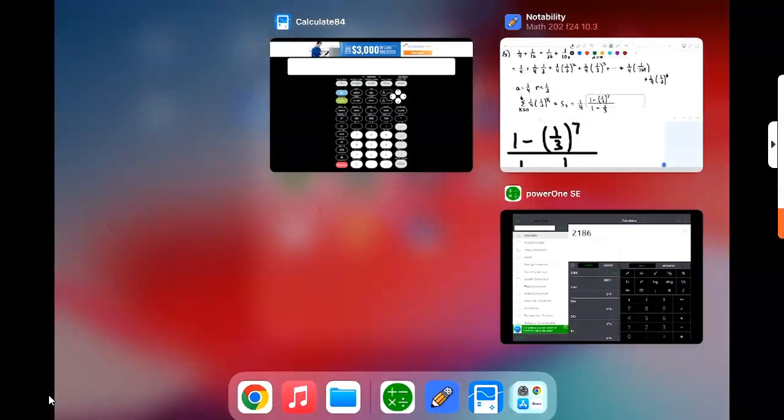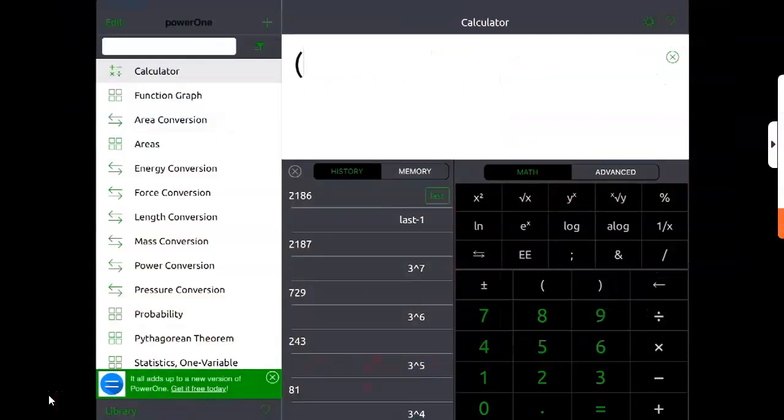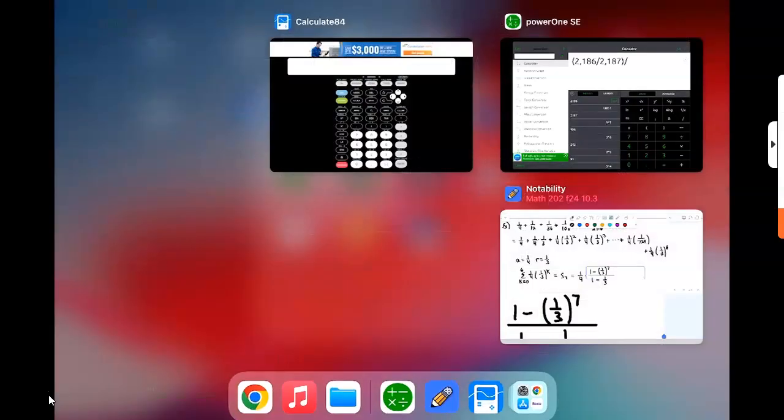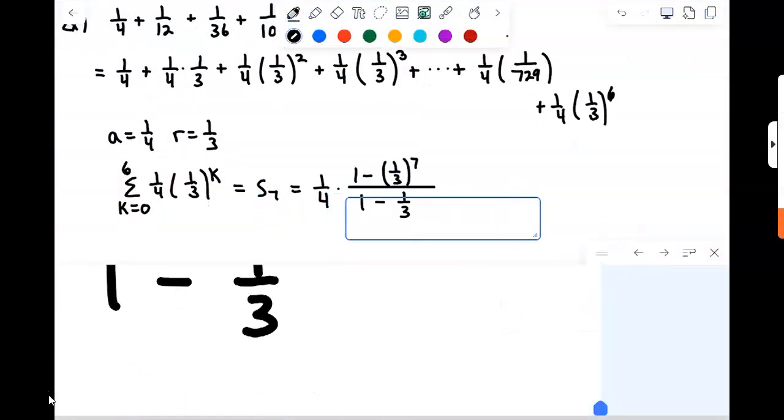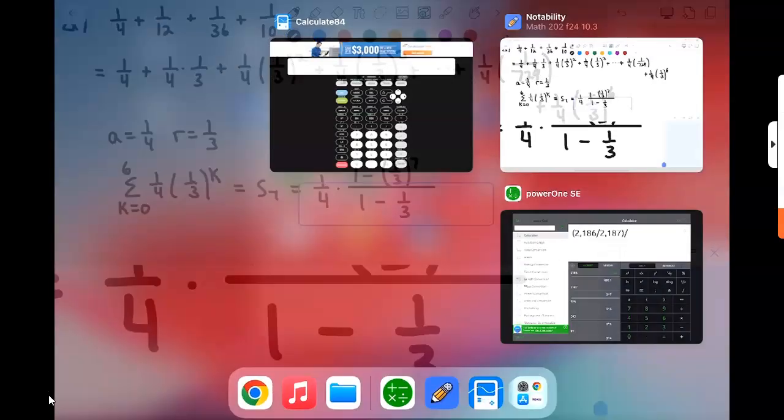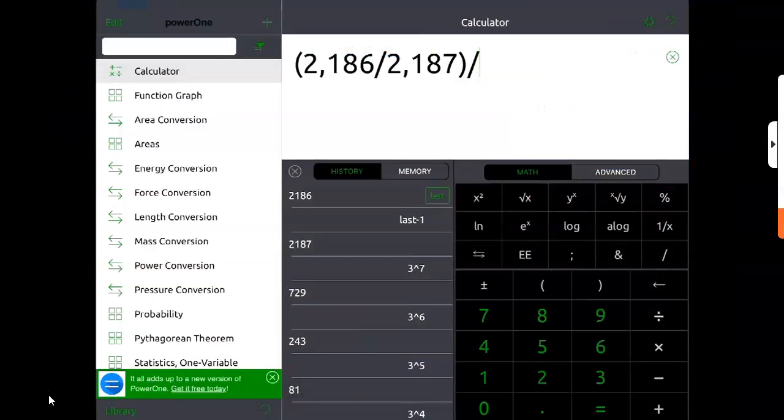So it's 2186 divided by 2187, right, in the numerator. And then that would be divided by 4 times 2/3, or in other words, 8/3.